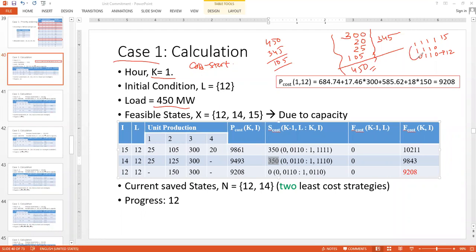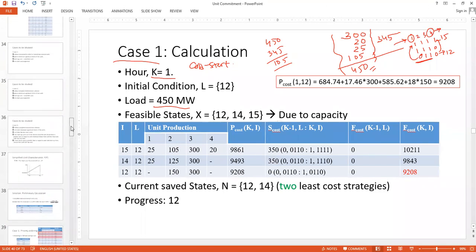So this is the transition and this is the transition. So unit 1, 2, 3, 4. Unit 1 has to be started, unit 4 has to be started if I want to have the transition from 12 to 15. So you see now what is the startup cost for unit number 4 and what is the startup cost for unit number 1? We have to add both of them.